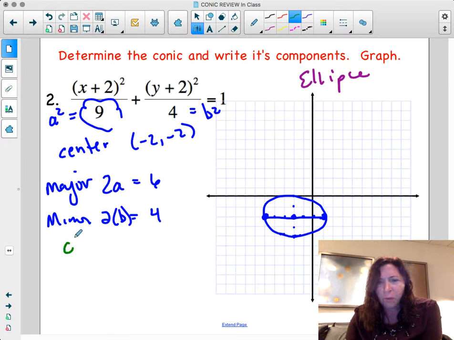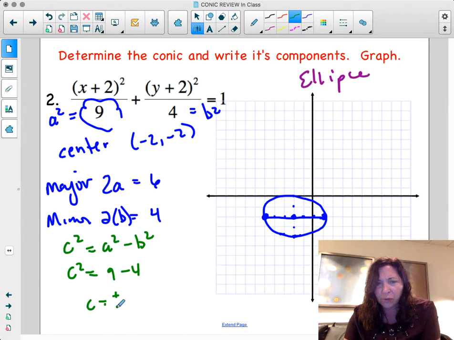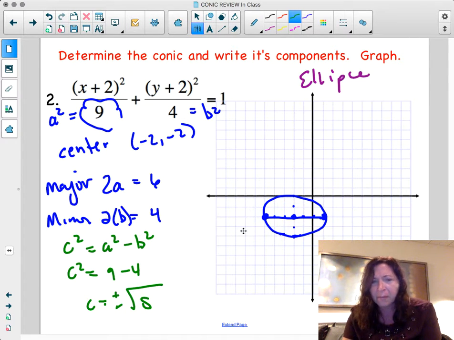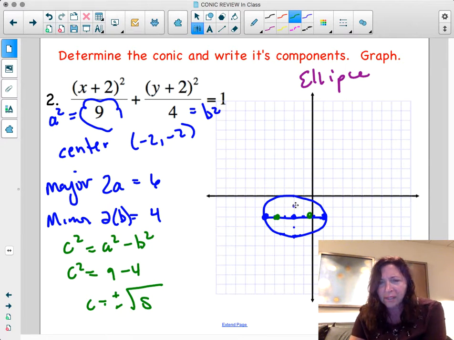Let's see, my focal points are going to be at c squared equals a squared minus b squared. So c squared is going to equal 9 minus 4. So c equals plus or minus the square root of 5. Again, my focal points are going to be on the x-axis because that is my major axis.